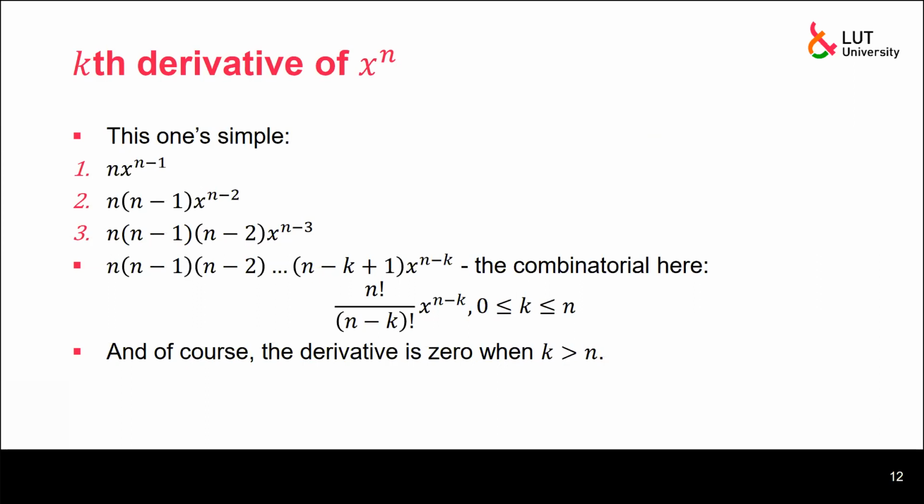If you are familiar with combinatorics, then the bullet point after 3 should look familiar to you. It's a combinatorial, how many combinations there are between n and k, and we can use the factorial. Is everyone familiar with the exclamation mark notation, which is the factorial? Good.